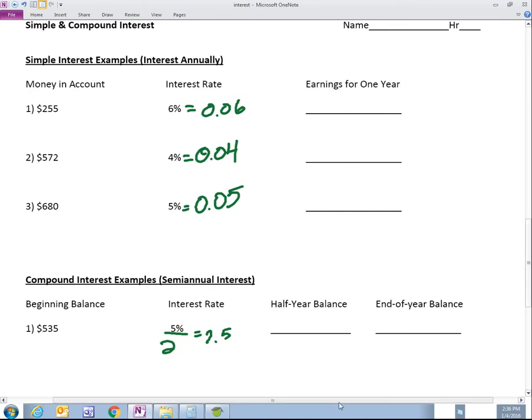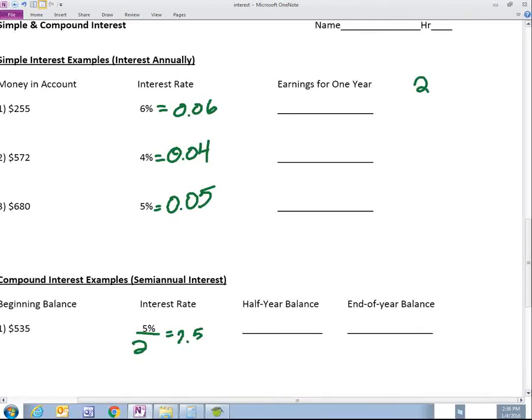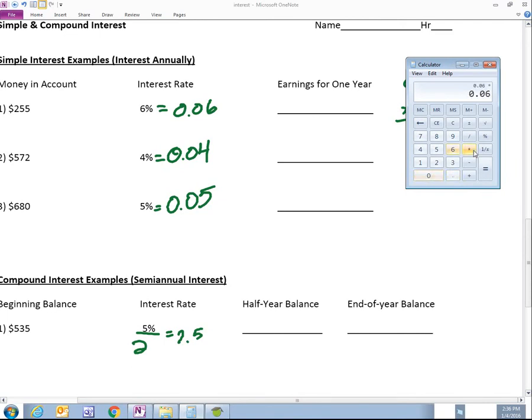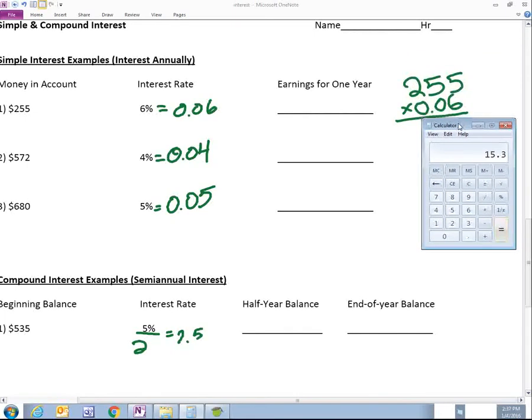I'm going to do the work over here. 255 multiplied by 0.06. And I get 15.3, but since it's money, that means $15.30.